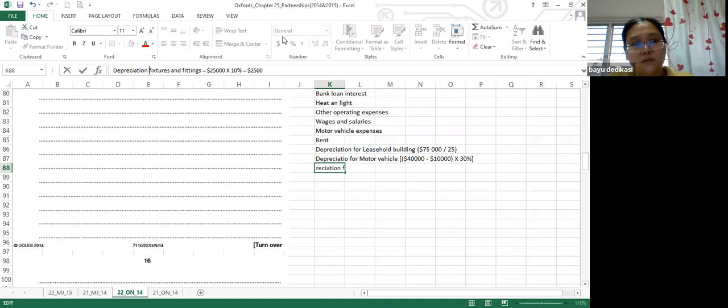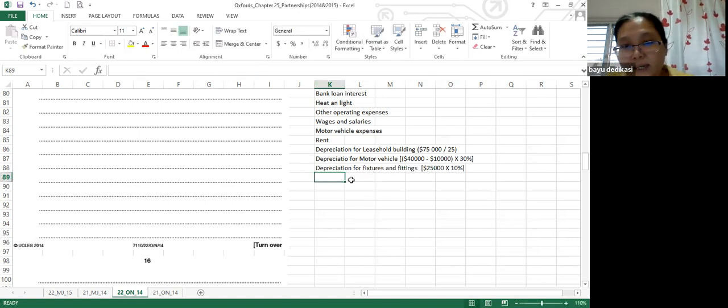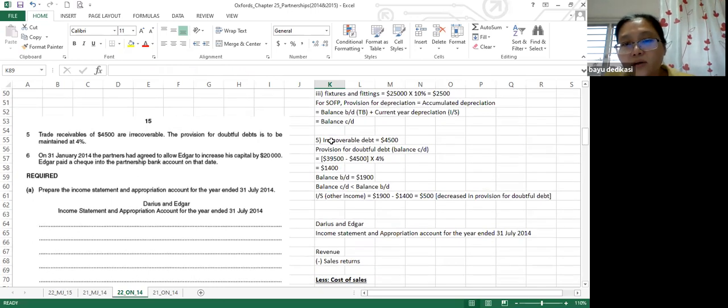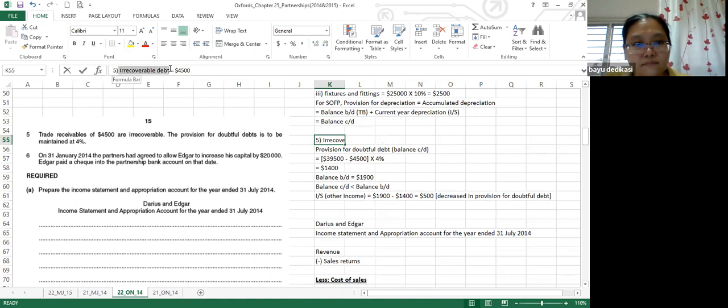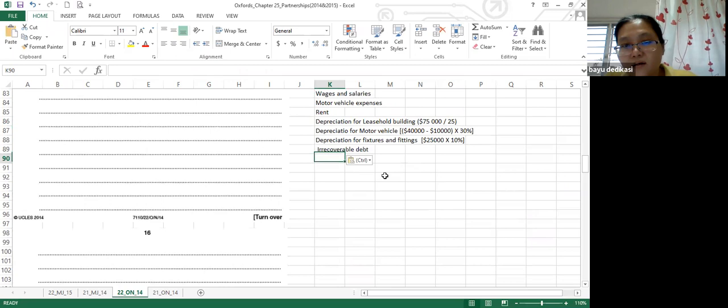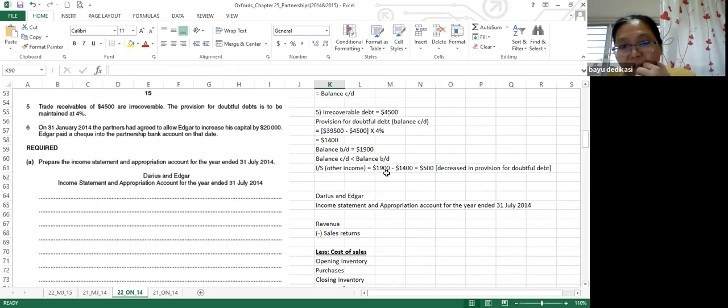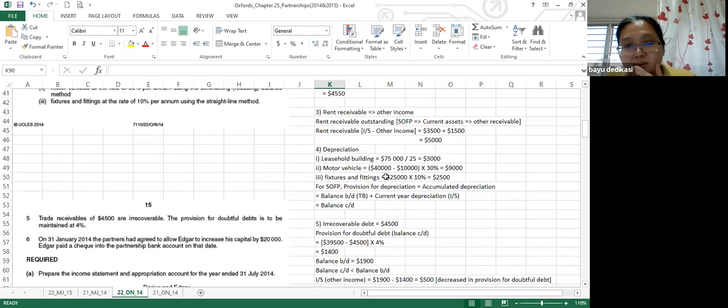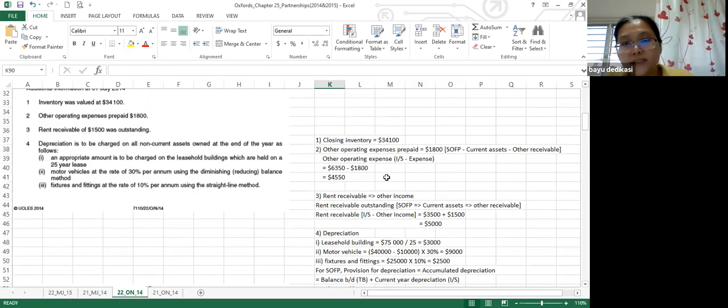Okay, so these 3 items. The next, your irrecoverable debt, and what else? Any more? Okay, no more. All taken care of already.